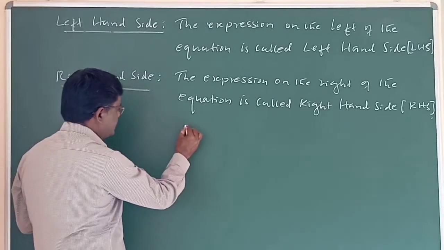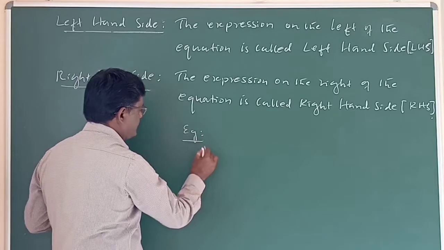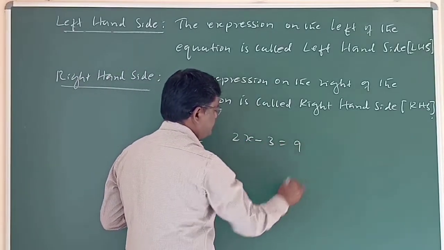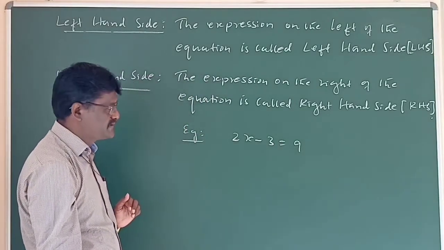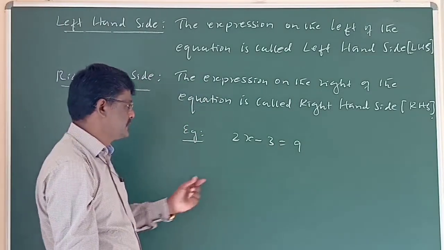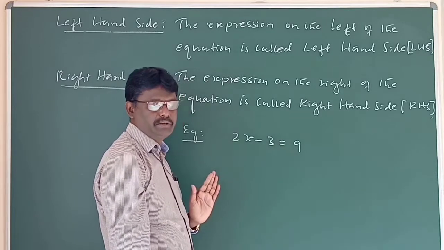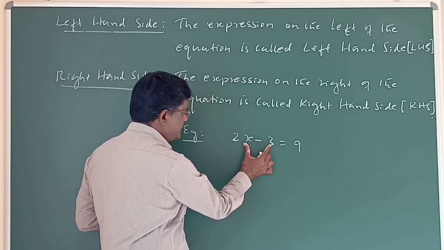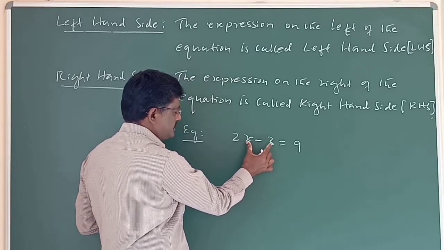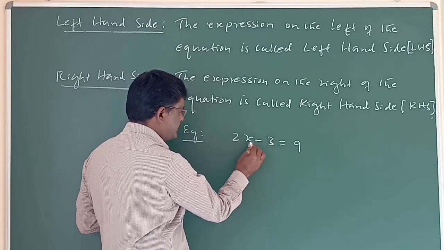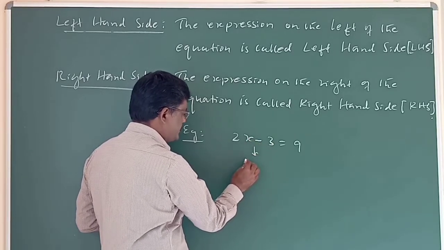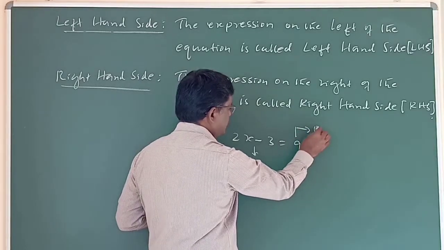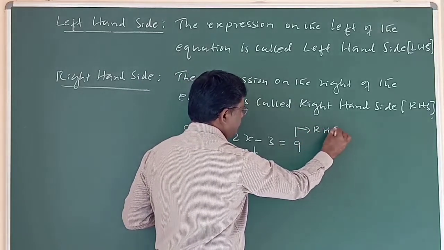Just consider this example: 2x minus 3 equal to 9. First of all, it is an equation because it has an equal symbol, equality. The left of the equation we say LHS, and this one on the right side we say RHS.